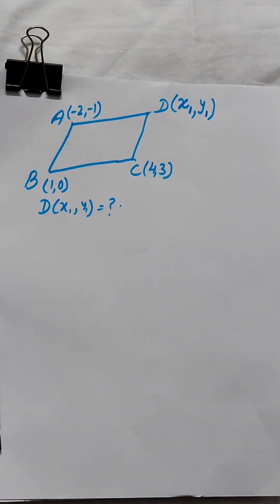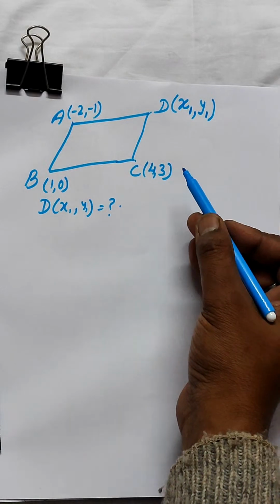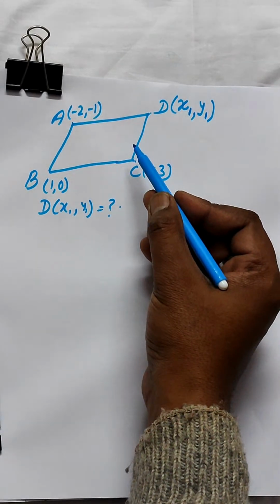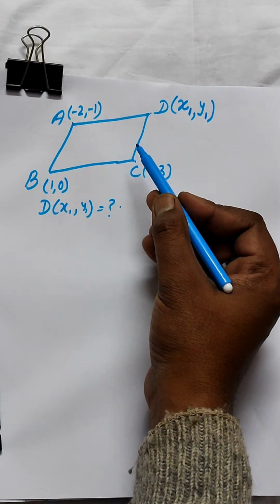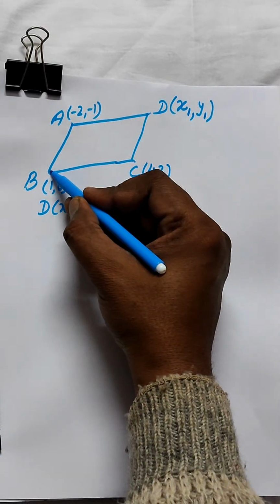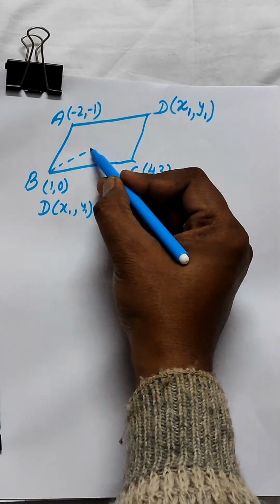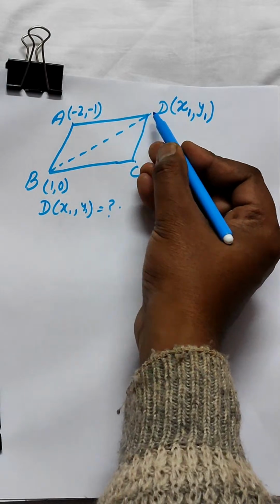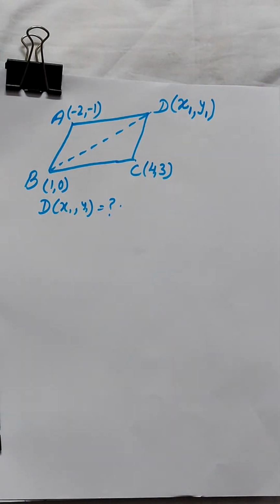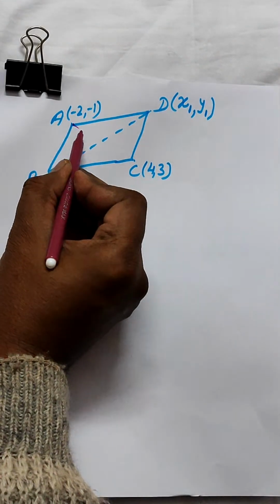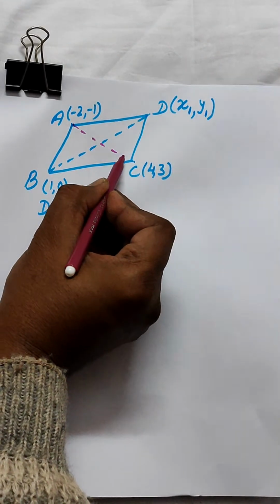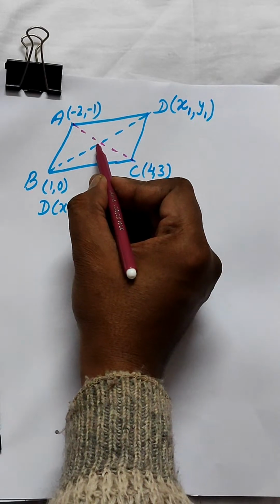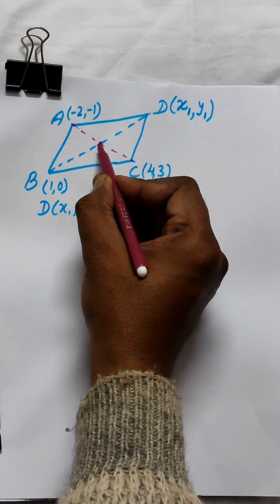Since this is a parallelogram, we know the property of the parallelogram that the diagonals, these are the diagonals, divide each other equally, right?